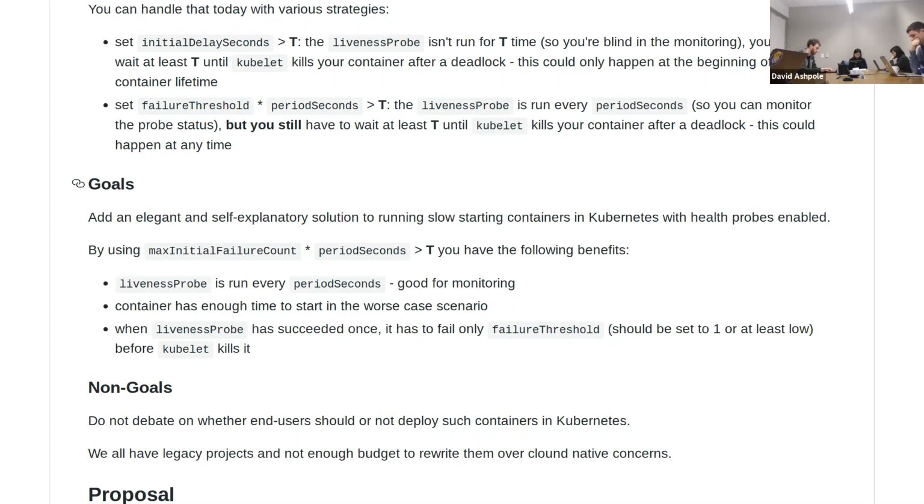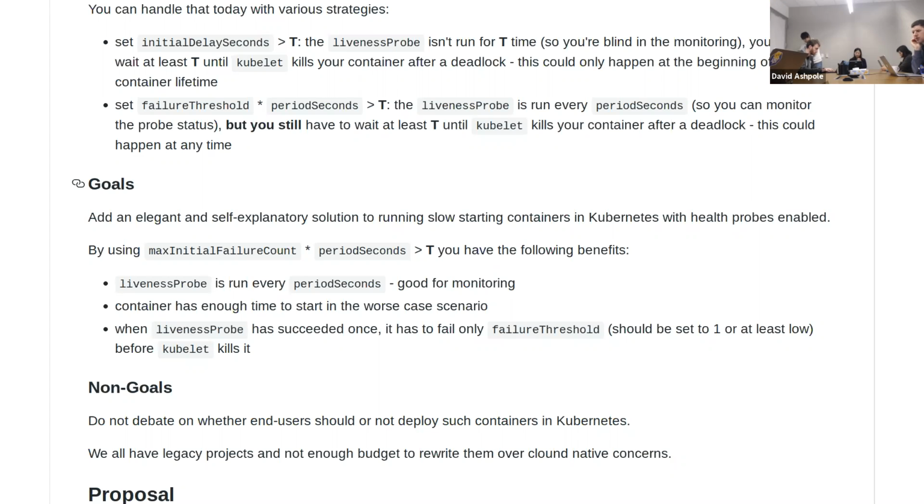And then we are back to the normal behavior of the kubelet probes. But if during the initial start it fails this max initial failure count times, then it is killed.